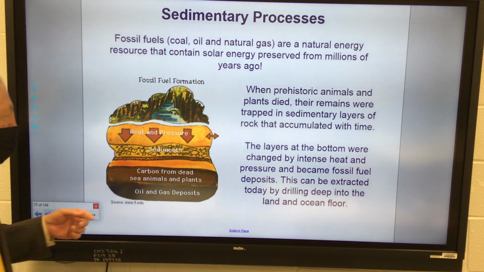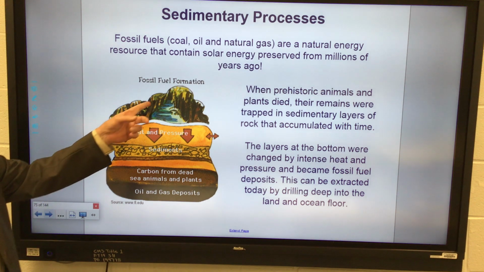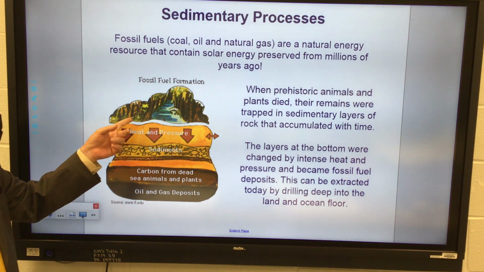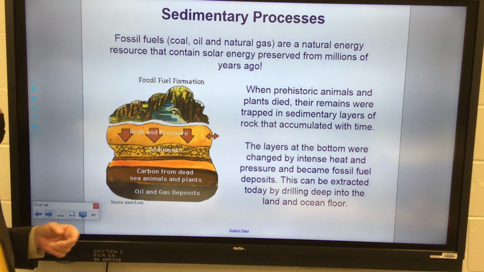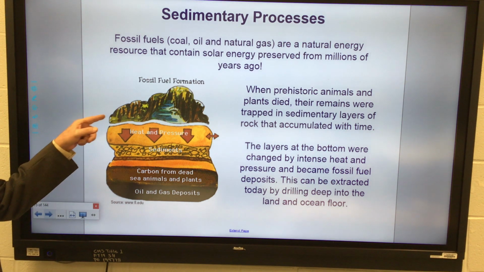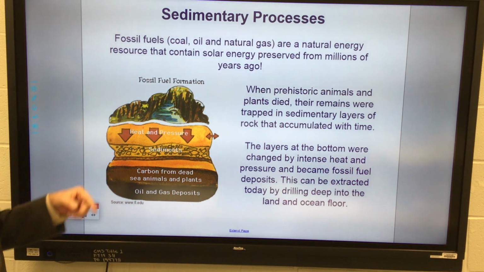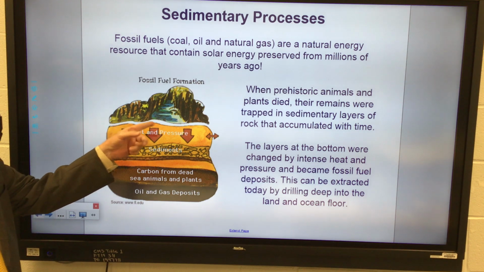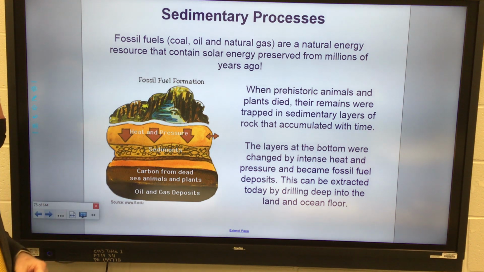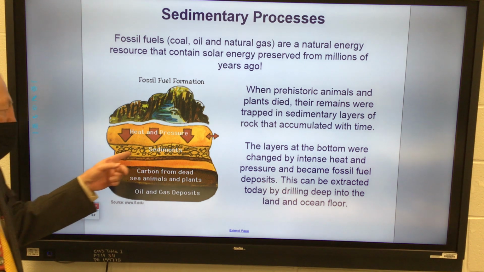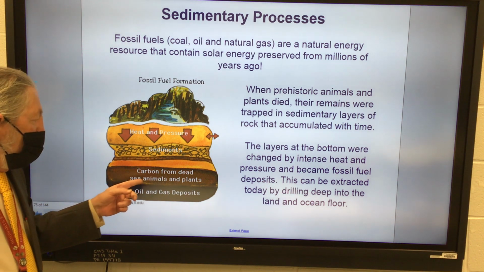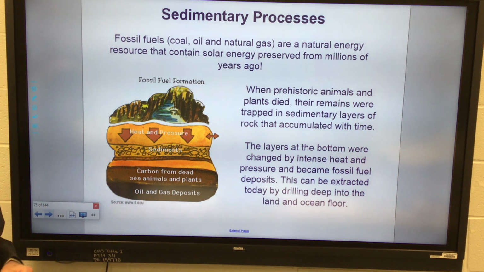Now look right here. So here we are, here's a stream, here's a mountain, looks like a mountain area. Here's the grass and trees and plants and so on. And then you got the lithosphere, and then down here you got heat and pressure, that's the magma. And then you got sediments down here, carbon from dead plants, sea animals and plants.